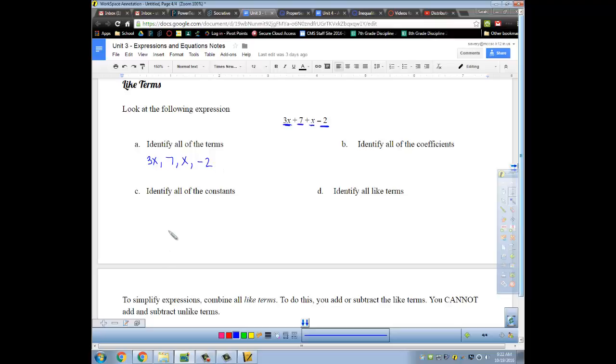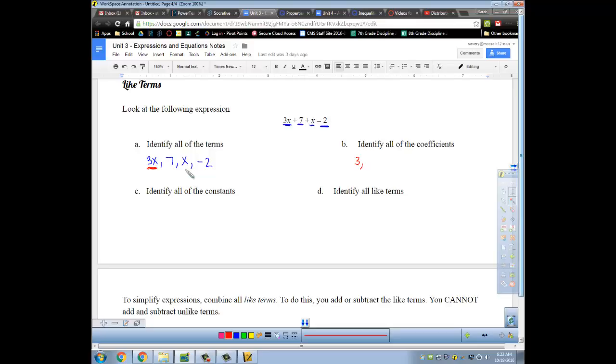For part B, it says identify all of the coefficients. Coefficients are the numbers in front of your variables. So variables, remember, are letters. So I need to look at what are the numbers in front of each letter. I have a variable right here. So the number in front of that variable was a 3.